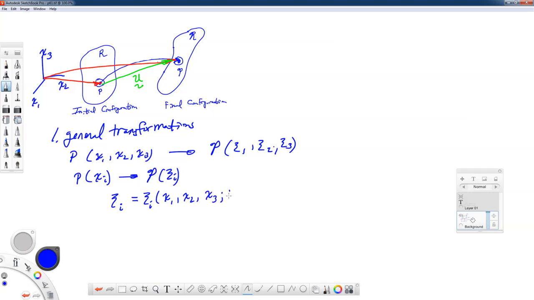And in general, we can think of it also being a function of time. Let's go ahead and write that down. In other words, the final configuration can be described by functions of the initial configuration.